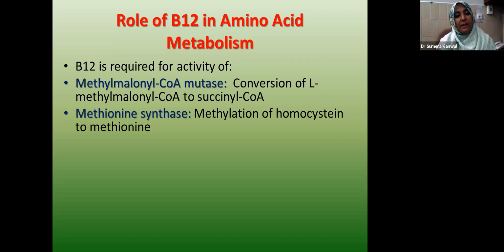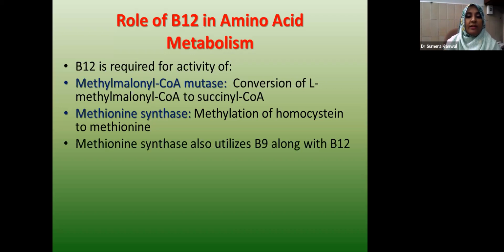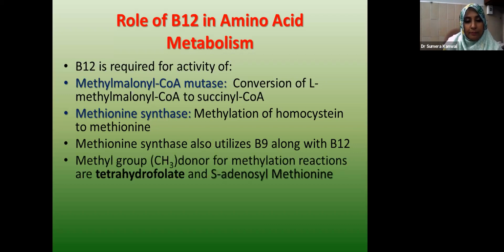This reaction was discussed when we were discussing the metabolism of sulfur amino acids. So these two enzymes require cobalamin. Methionine synthase also utilizes B9 folate along with B12. Tetrahydrofolate, or folate, is the donor of the methyl group.